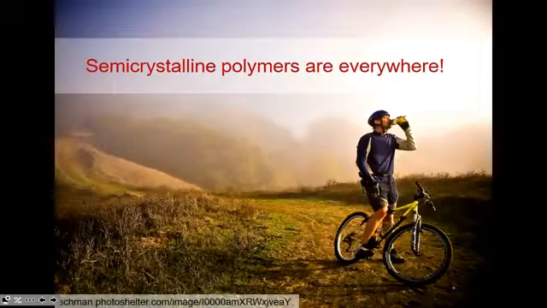Okay, I will leave that to you for practice, but this is a figure I like because it captures a lot of the semi-crystalline polymers that are in our world and how they're integrated into what we wear, what we drink out of, what we use for recreational purposes, or also transportation purposes. And of course, there's polymers in the grass that you see.